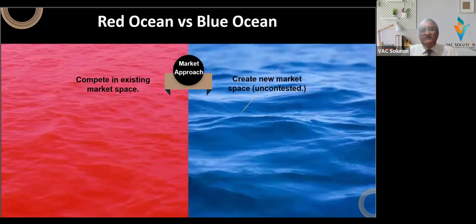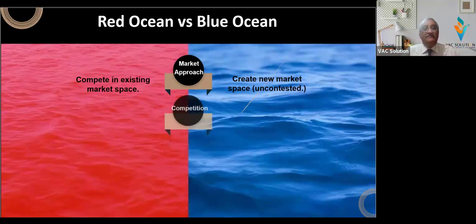You have peers, you have people competing with you for the higher position, but Blue Ocean will teach you how to overcome that competition and create a space for yourself where they cannot interfere with you. That is the beauty of it. As a consultant, it will teach you how to identify for your client a market space where he will be able to move forward very fast.